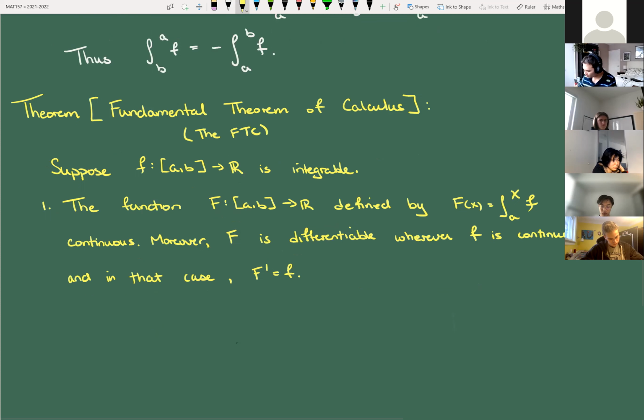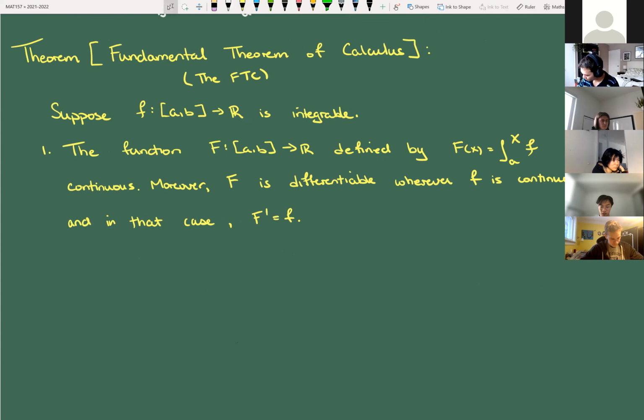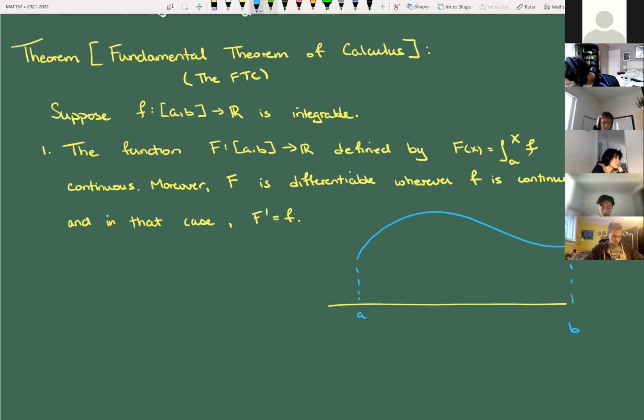Right, and actually here, let me maybe draw the function f of x for you. All right, so that's a, that's b, and maybe here's x.